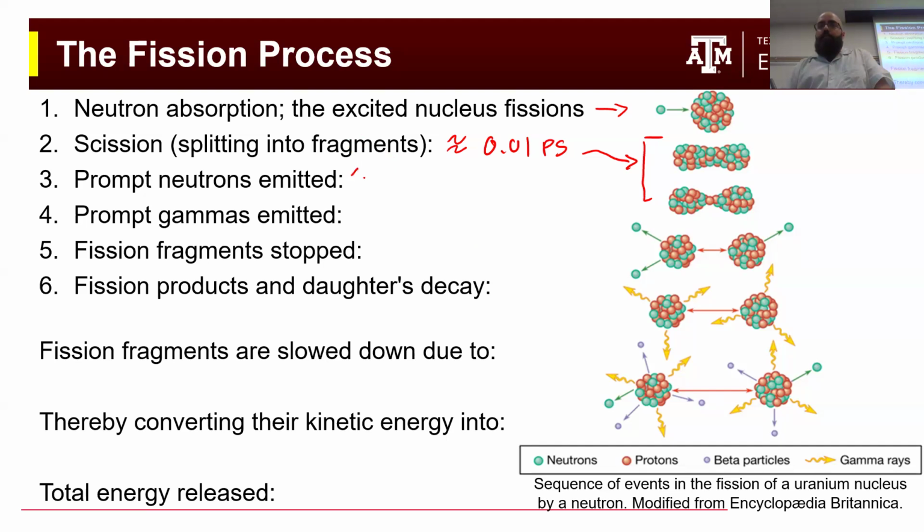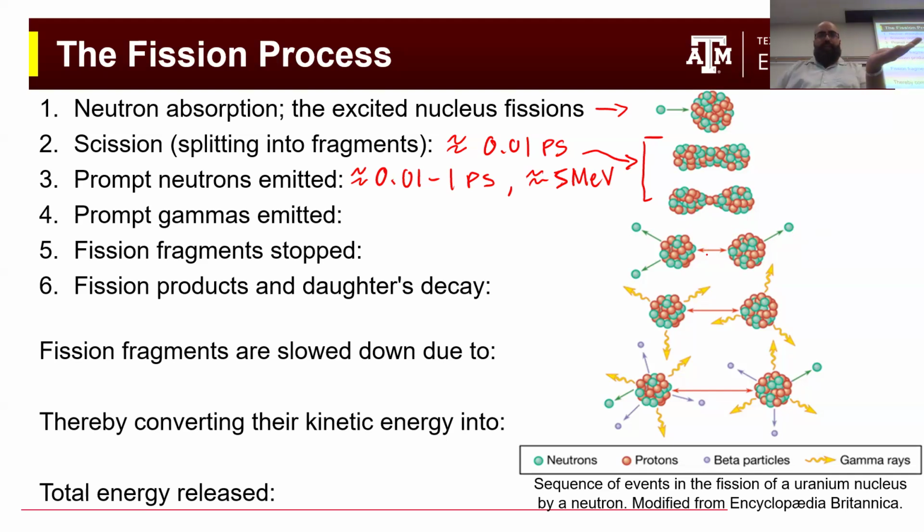From there, they get emitted in about 0.0121 picoseconds. And the prompt neutrons that come out of fission contain about 5 MeV of the total energy associated with this process. So the little green guys are neutrons coming out.